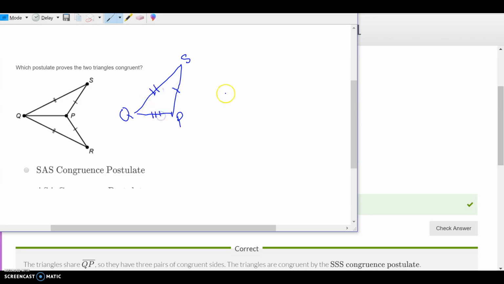So let's draw this other one. So the P is at the bottom, just like it, and it goes up to R, and then R goes to Q.